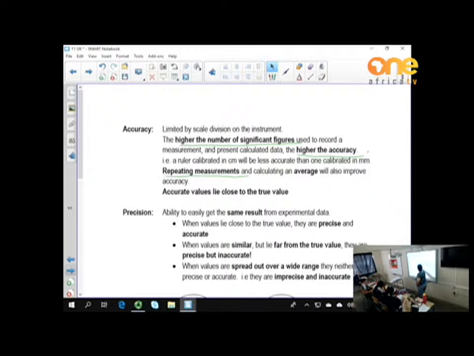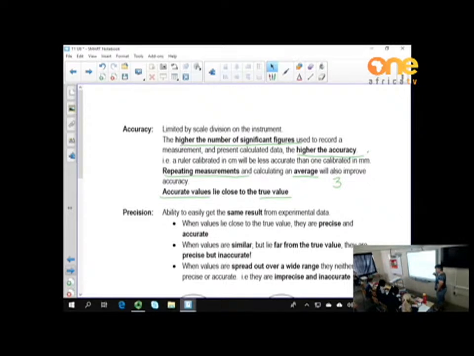We can improve accuracy by repeating measurements and calculating an average. Usually in science we do a minimum of 3. The more repetitions, the more accurate it becomes. Accurate values lie very close to the true value.